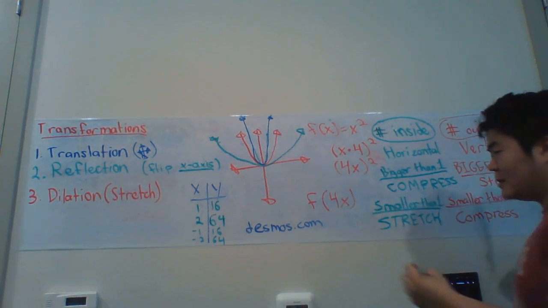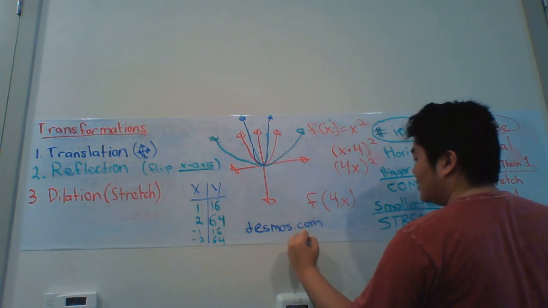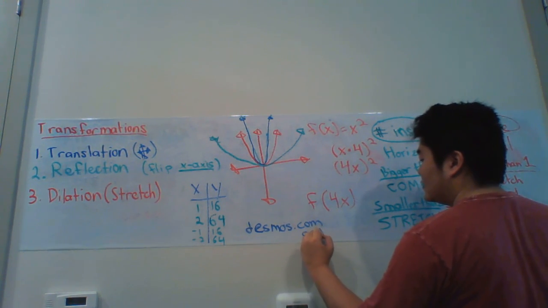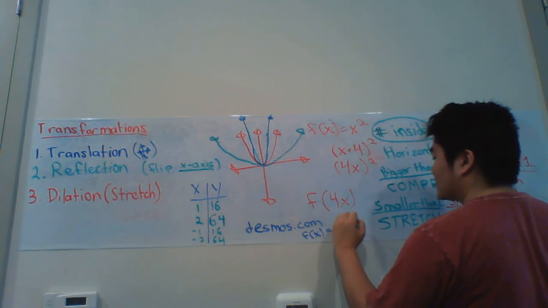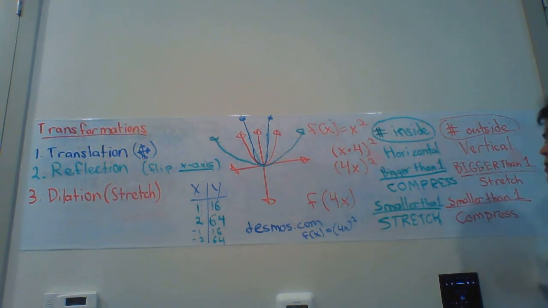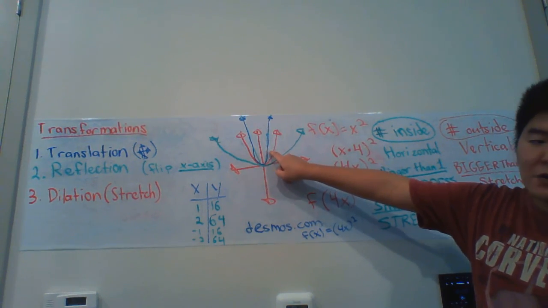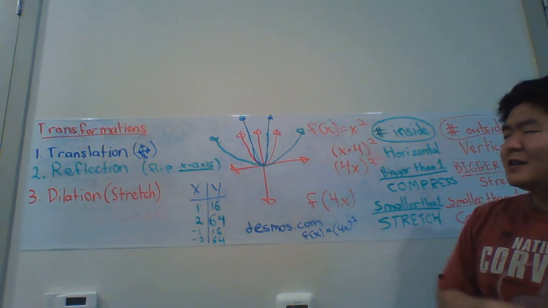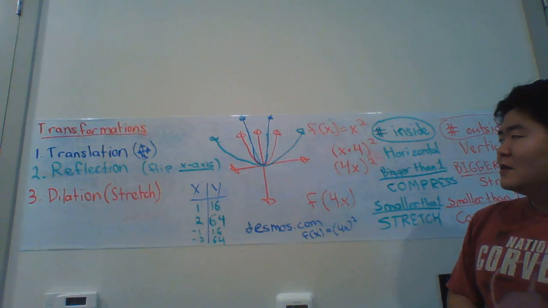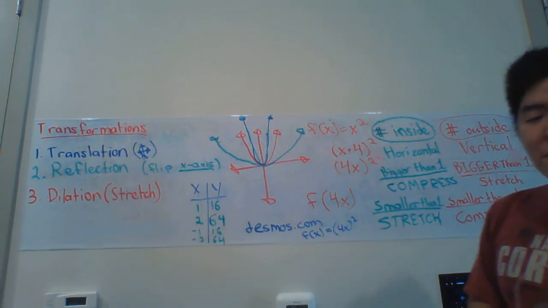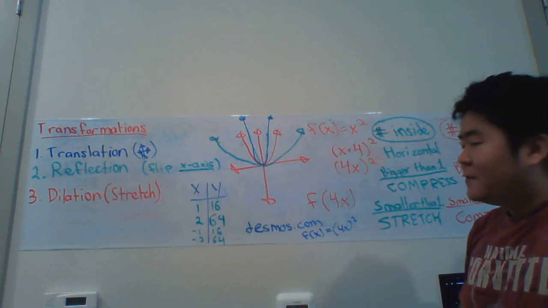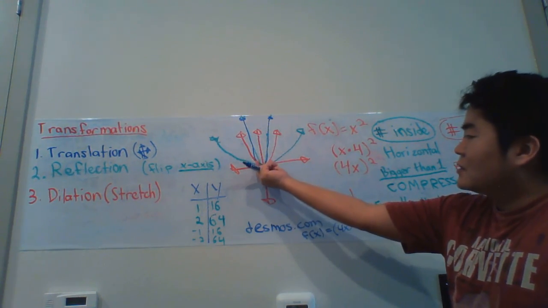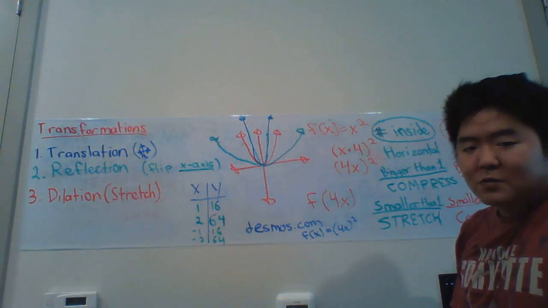You can check that out, and you can actually type in f of x equals (4x) squared. And it'll give you a very tall function. Visually, it's a horizontally compressed function. So that's what we're looking for today.